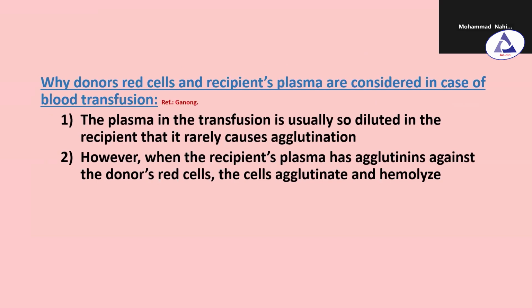Agglutination was the clumping of red blood cells due to antigen-antibody reaction. But the plasma in the transfusion, which contains the antibodies, will be diluted in the recipient's huge amount of blood. And as it is diluted, it will not cause any agglutination of remarkable amount.